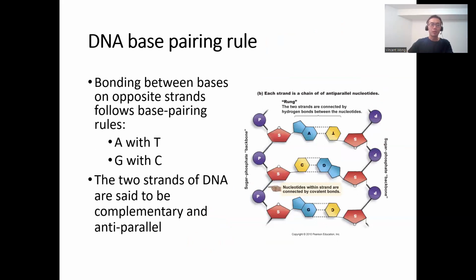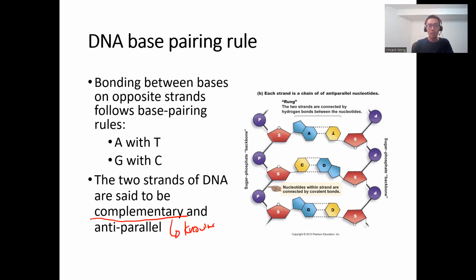So that's the base pairing rule I told you about. And the fact that the DNA strands follow the base pairing rule means if you know one side of the DNA, you will be able to come up with the other side, right? If I tell you one strand, you can use the base pairing rule to figure out the other side. So this property makes the DNA complementary.